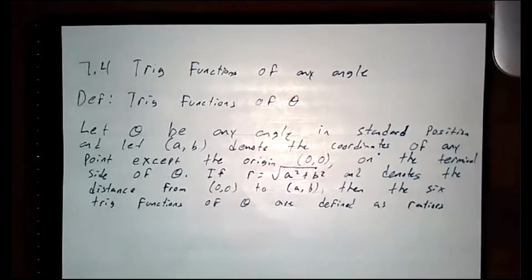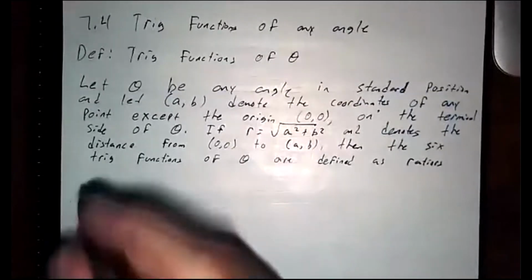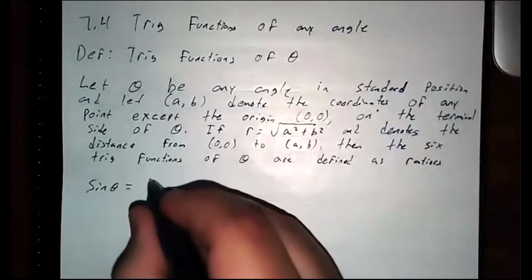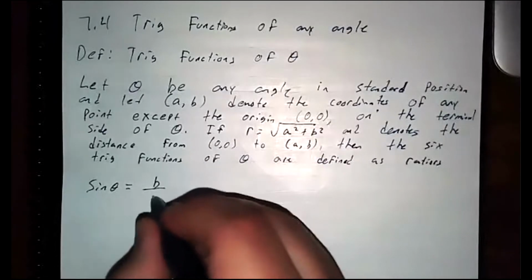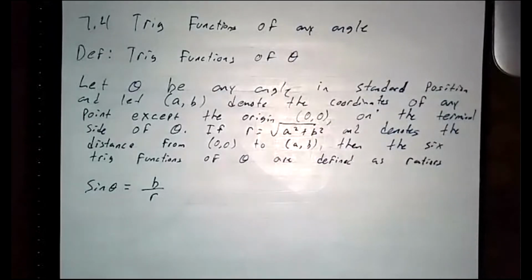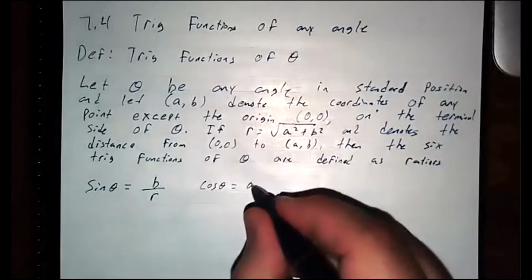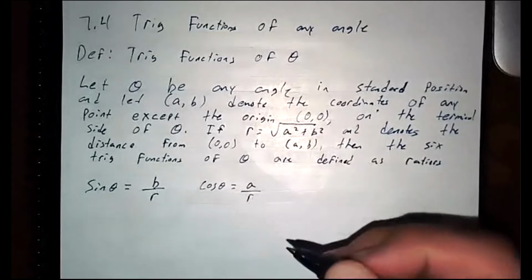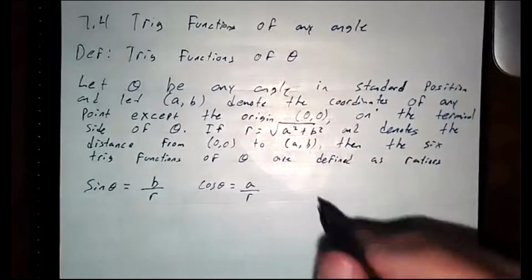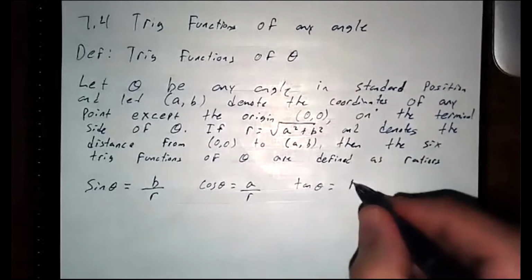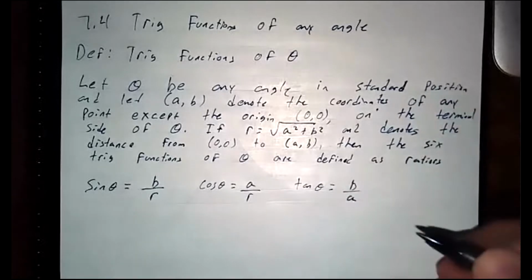All right. So all that stuff just to say this: sine theta is equal to b over r. Cosine theta is equal to a over r. Tangent theta is equal to b over a.